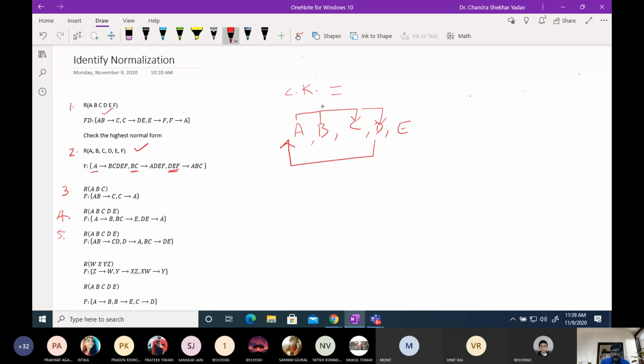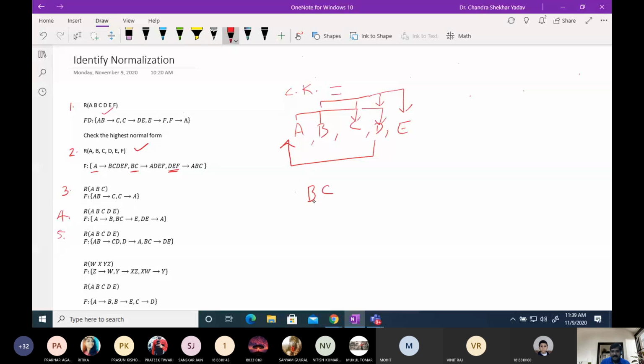BC determines DE. D and then E. So see here, B will be part of BCD. B will be in all the candidate keys.